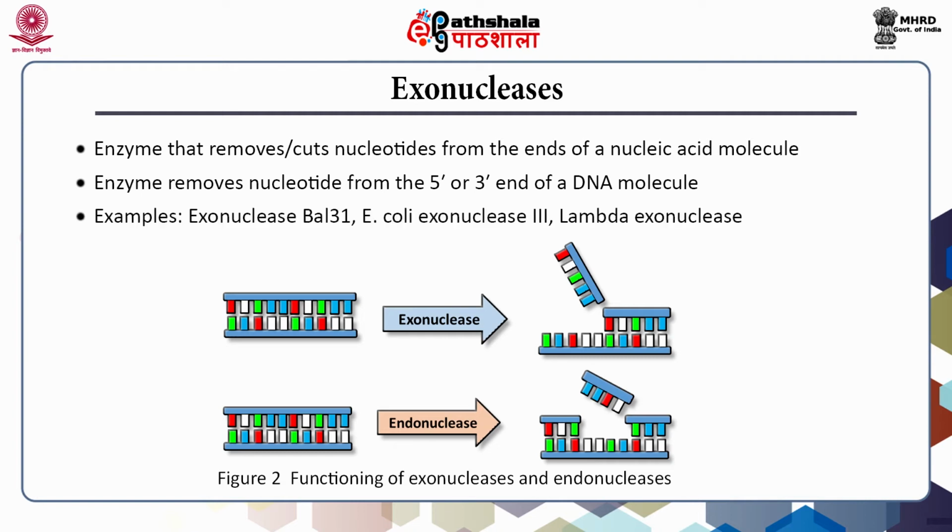Examples of some exonucleases used in recombinant DNA technology are exonuclease Bal31, E. coli exonuclease 3, and lambda exonuclease. The functioning of exonucleases and endonucleases is depicted in the diagram.